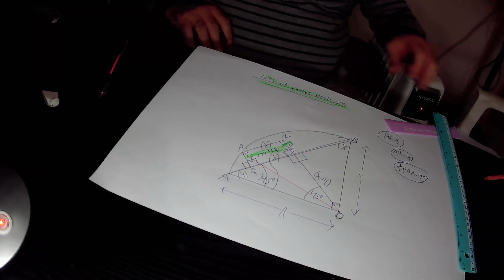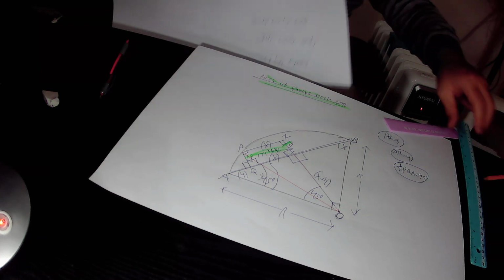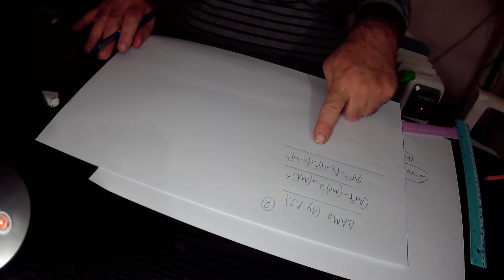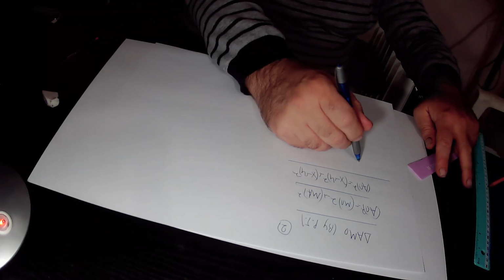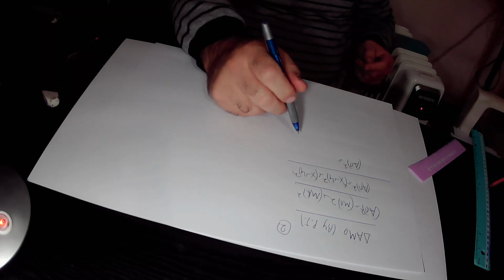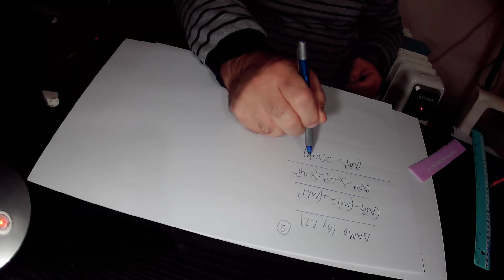So in total, we found that in the right triangle AMO, AO squared equals (x plus 4) squared plus (x plus 4) squared, which is 2 times (x plus 4) squared.